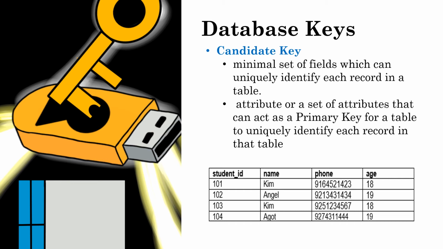In our example, we have the student ID and the phone number. Both are candidate keys for the table students. A candidate key can never be null or empty, and its value should be unique. In the given example, the values of student ID and phone are considered unique. That's the reason why they are considered candidate keys, which can be a combination of more than one column or attribute.